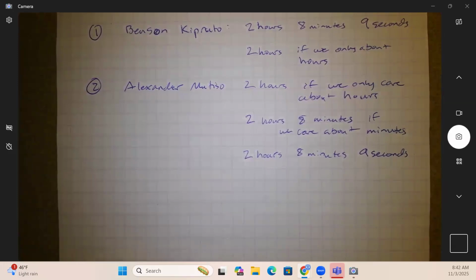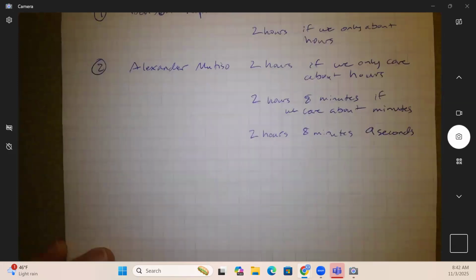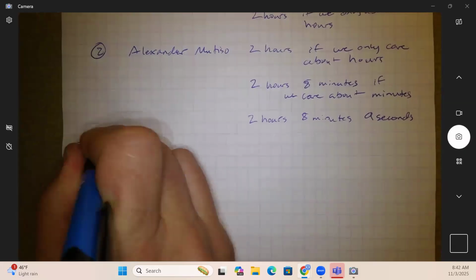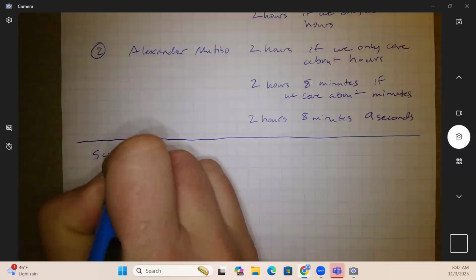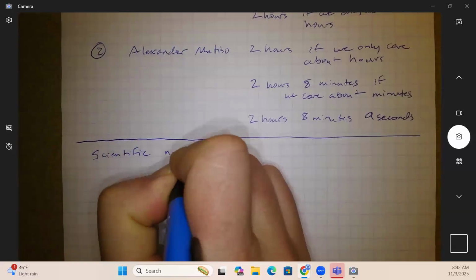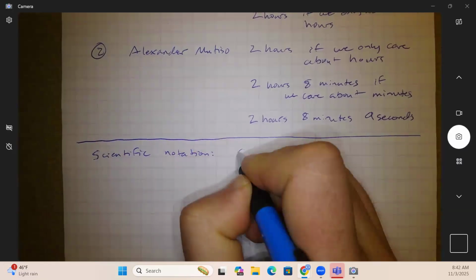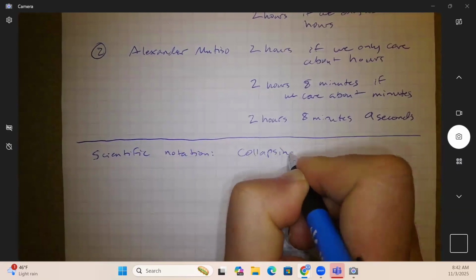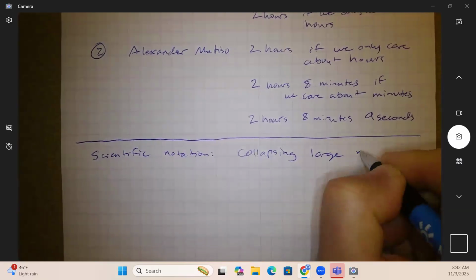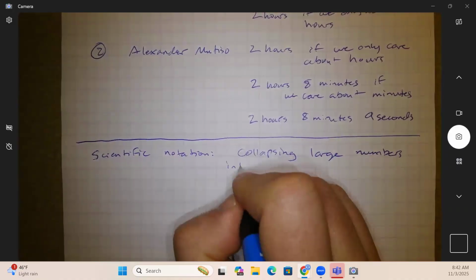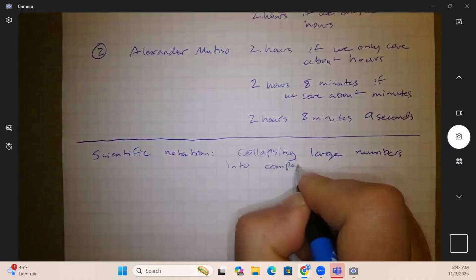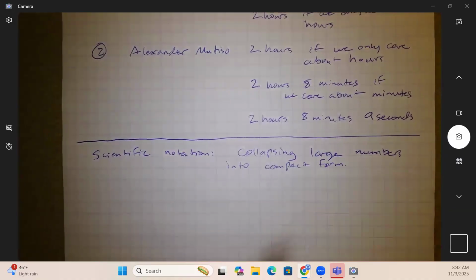Okay. So that's significant figures. Now let's talk about scientific notation, which is collapsing large numbers into a compact form.